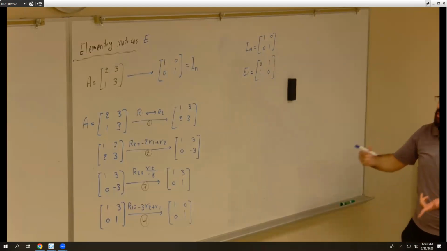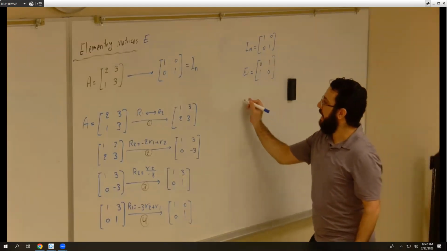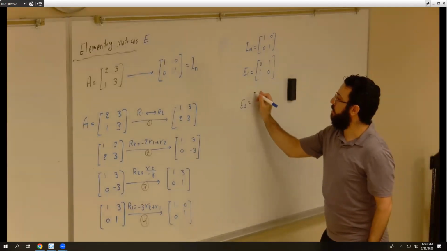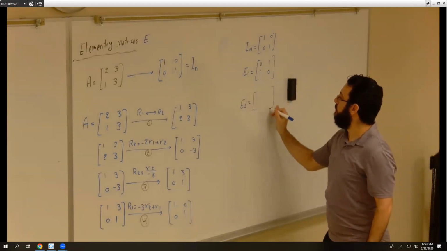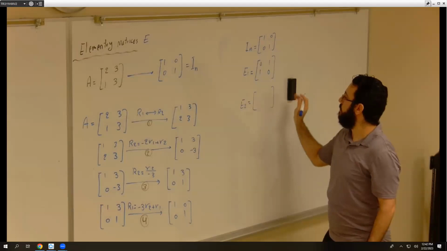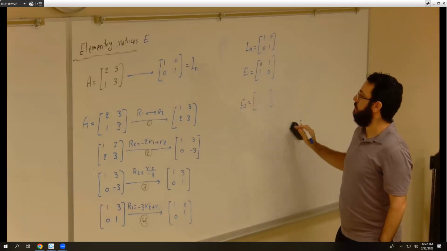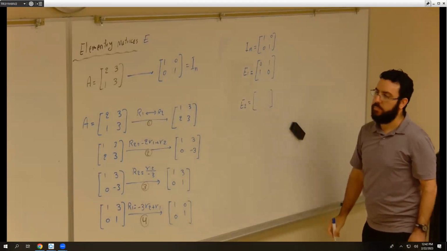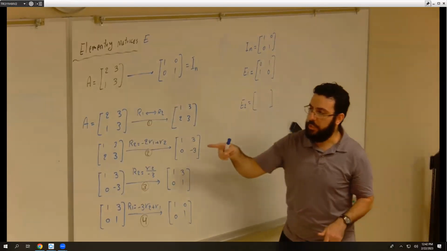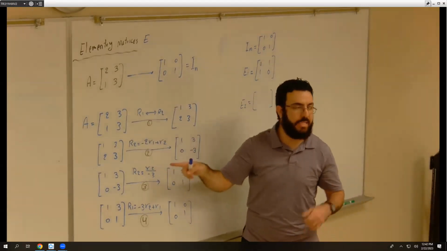Now let's check the second one, E2, which is here. Which row did I work on for E2? Which number do I need to convert? Change R2.